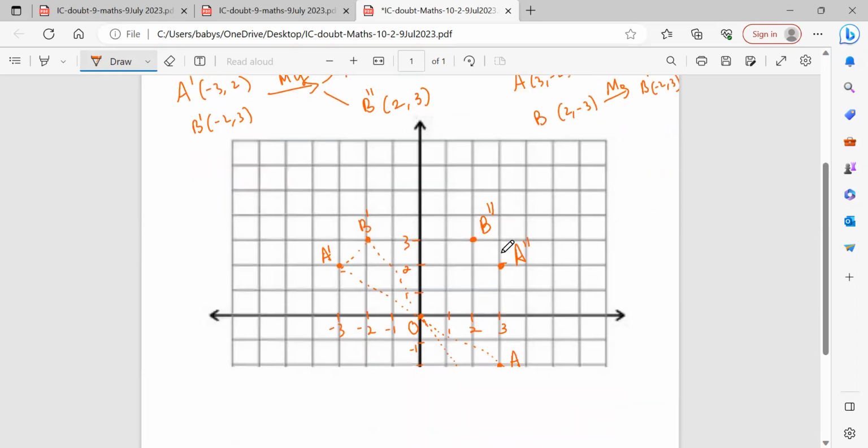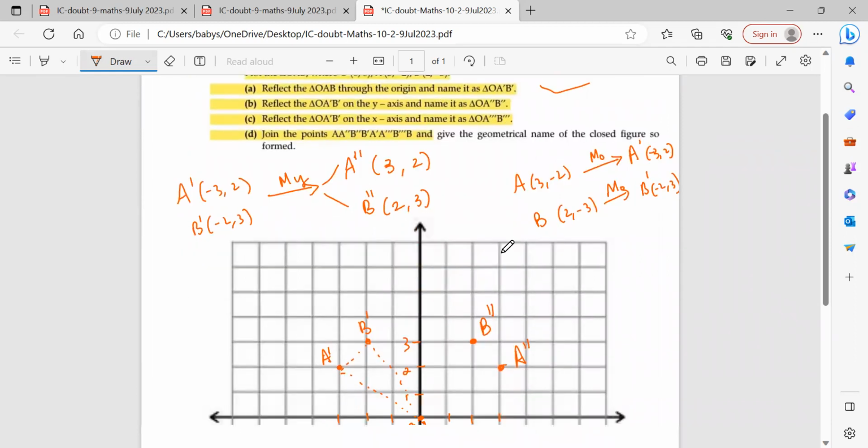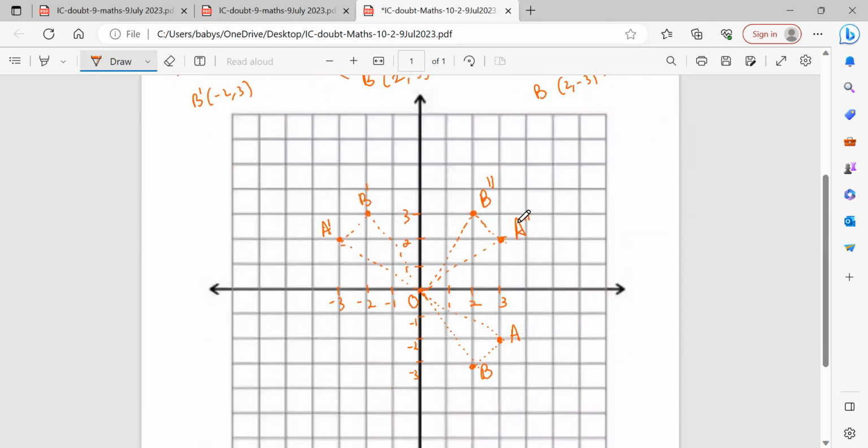Okay, so now I have all these points. And so you got another triangle, isn't it? I'll just draw with dotted lines. See, even if I'm going to join them, what does it matter?